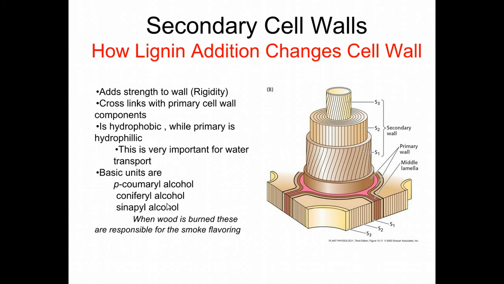I think I was telling you last lecture that there's a lot of work being done on what wood really is. And if you want to make paper, then you want wood without any lignin. If you want to build a house, then you want wood with a lot of lignin, because lignin gives you the strength. Okay? So we know it's these different kinds of alcohols.